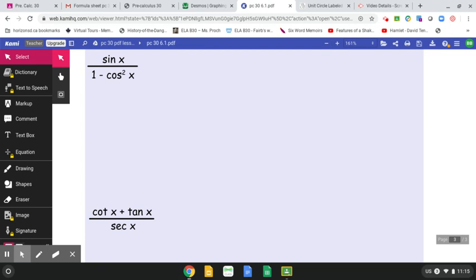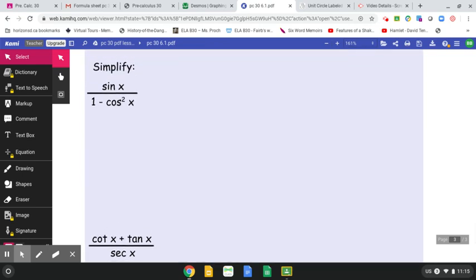Pythagorean identities. So the first one says, simplify sine x over 1 minus cos squared x. Okay, so we can't simplify sine x anymore. We have to just leave that as it is. But this 1 minus cos squared x, when I'm doing these questions, anytime I see a squared, I always think, okay, this has to be a Pythagorean identity.